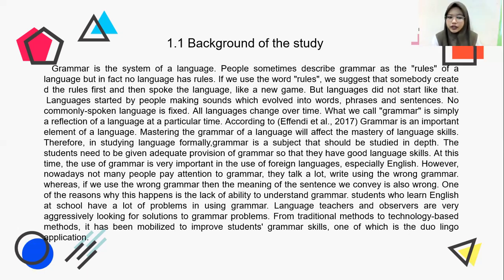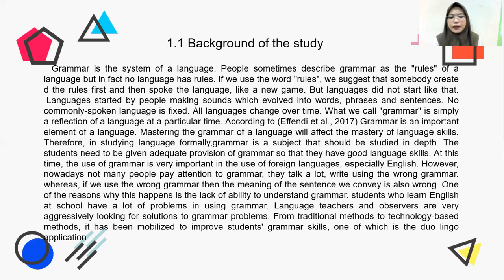Students who learn English at school have a lot of problems in using grammar. Language teachers and observers are very aggressively looking for solutions to grammar problems, from traditional methods to technology-based methods.